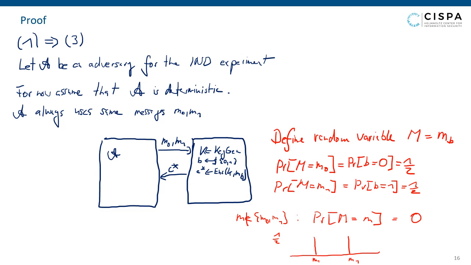Okay. So we have that the challenge ciphertext C star, just by the way the challenger computes C star, is an encryption of MB. But now I just defined MB to be this random variable capital M, so C star is an encryption of M.